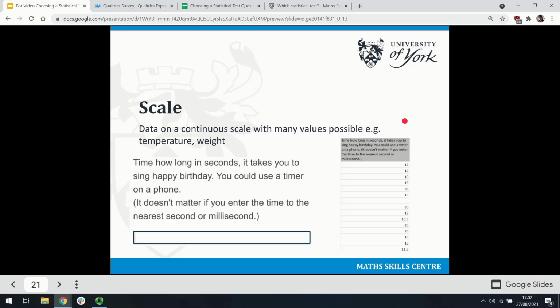Lots of different values are possible. And the same with weight. Weight would be another example of continuous scale. In our questionnaire, we asked people to time themselves singing happy birthday. And then we've ended up with data like this. So you can see there's quite a variety there, 10, 12, 18, 35. We've got a 10.5 there, 11.6. So lots of possibilities of data.